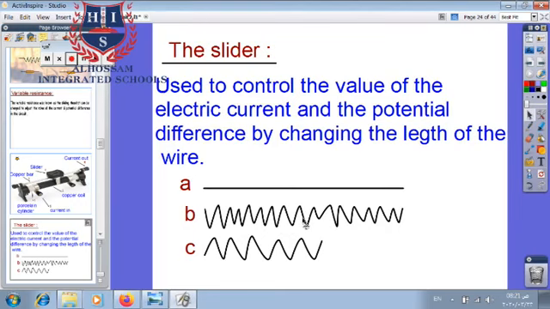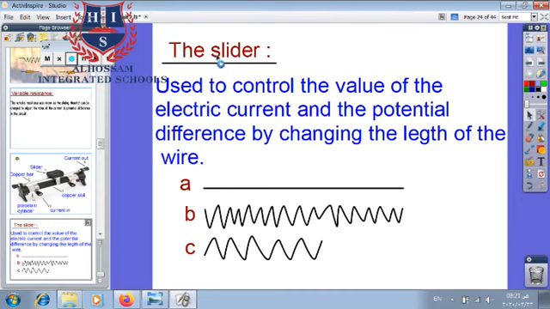Why? Both of them are zigzag lines, but B is longer than C. So by controlling the length of the wire, we can control the electric current intensity and so the potential difference. So the slider is a very important part in the variable resistance, and its function is very important. Don't forget.